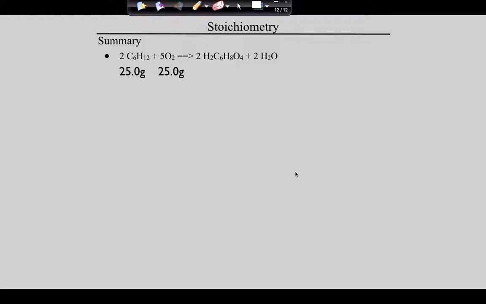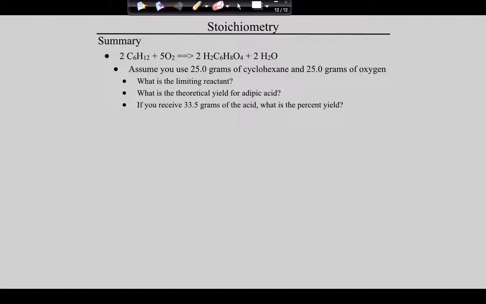Remember the three questions. Maybe I should put those up and keep them. What is the limiting reactant? Now guys, let's talk about this for a second. Once you know the limiting reactant, can't you then figure out the theoretical yield?